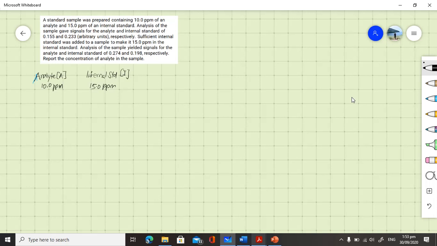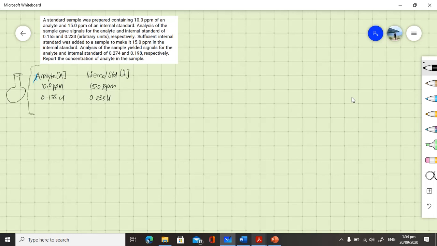So, remember, an analyte and an internal standard have different identities. Okay? So, the reading is 0.155 units, whereas this is 0.233 units, right? So, this is inside one volumetric flask.